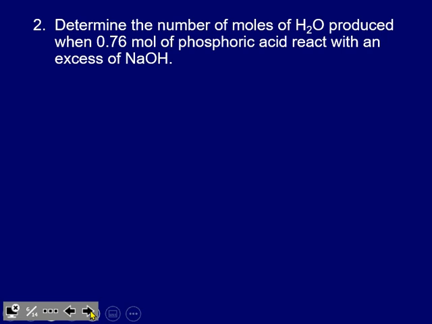Again, when you're done writing, try to write a balanced chemical equation. The evil part of this one is that I've not given you the formula for phosphoric acid, so you have to think about that. And I haven't given you the products, so you'll have to think about that.